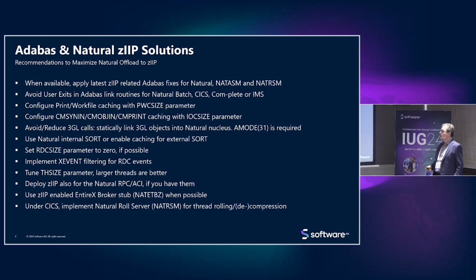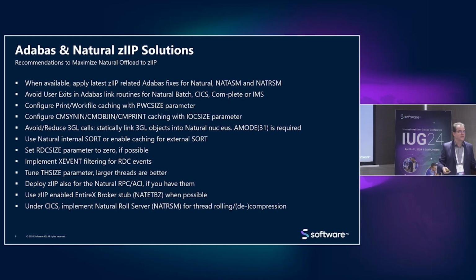Some recommendations. I will not read all of them, don't worry about it. I just want to give this in the document for you afterwards, if you download this. We see some recommendations here, and one of them I just mentioned: use the entire XBroker stub, not ETB, but ETBZ, Z for zIIP specifically. This is good for RPCs, and also in case of ACI.